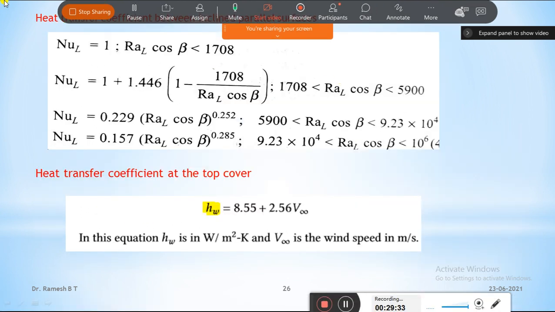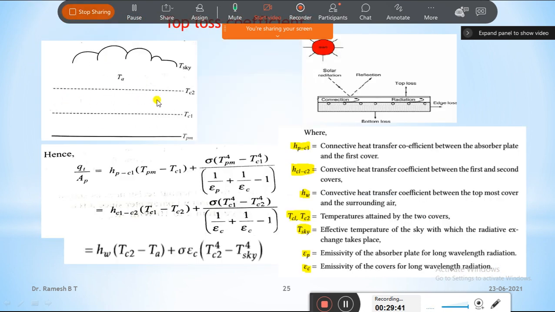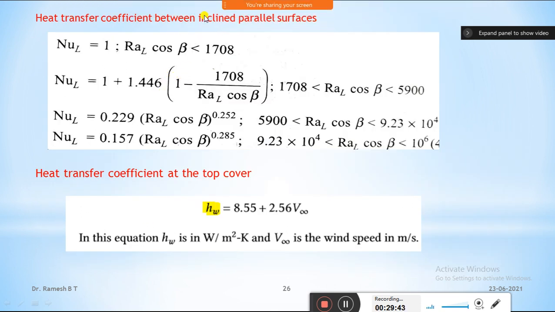And next, the heat transfer coefficient between the surfaces. What we considered previously is for parallel surfaces. If it is an inclined parallel surface, then we can consider these equations. Nu means the Nusselt number and Ra means the Rayleigh number.